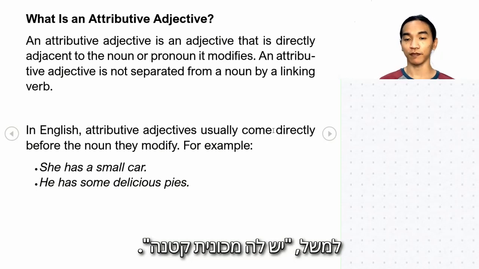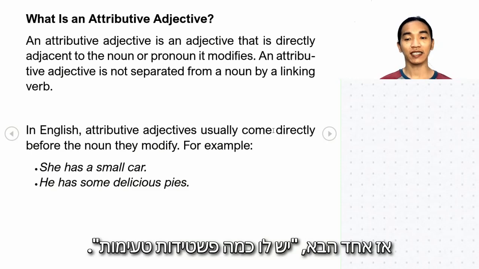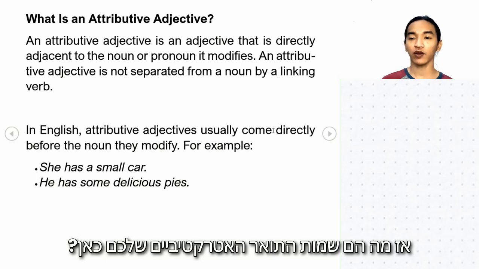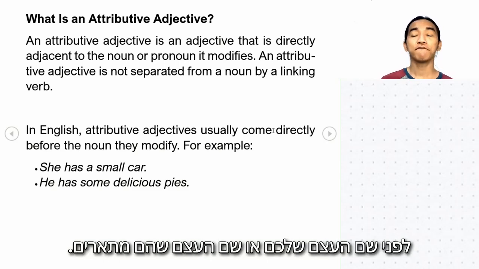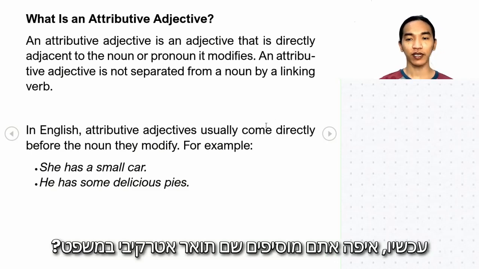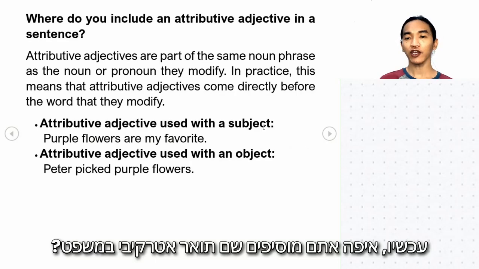So in English, attributive adjectives usually come directly before the noun they modify, or pronoun, usually noun. For example, she has a small car. Next one, he has some delicious pies. So what are your attributive adjectives here? We have small and delicious because they come directly before the noun that they describe. Now, where do you include an attributive adjective in a sentence?